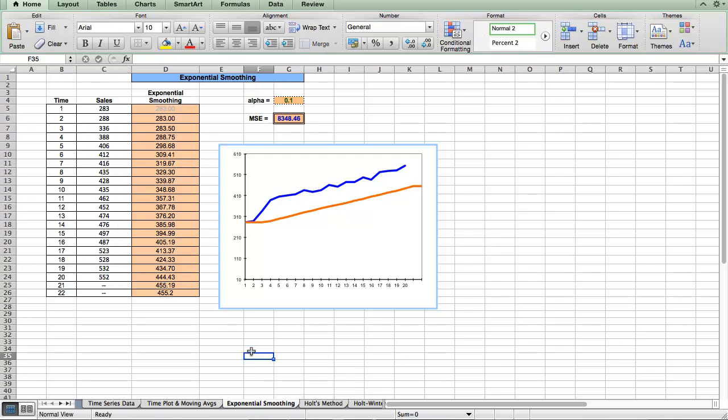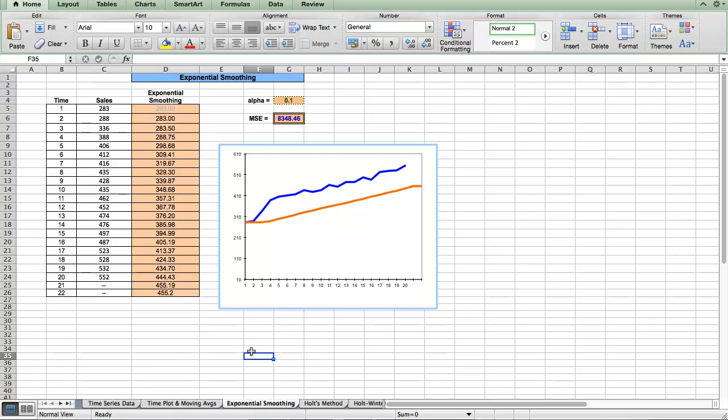And the point of using exponential smoothing is that the method gives less weight to data that are in the more distant past, and then increasingly, in an exponential or geometric pattern, gives more weight to the more recent data. And this sounds like a pretty good idea.